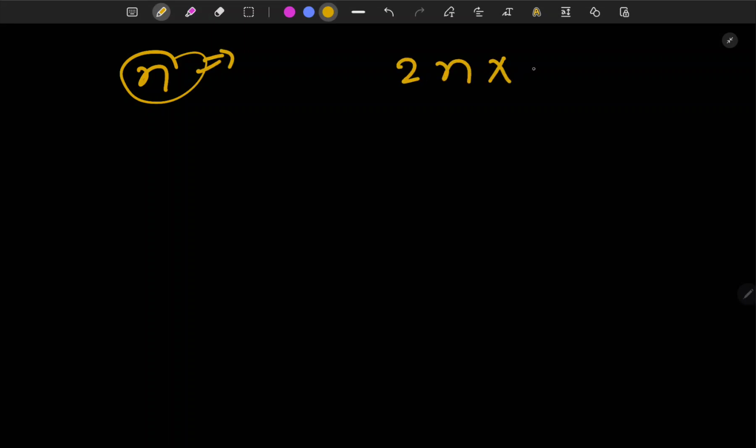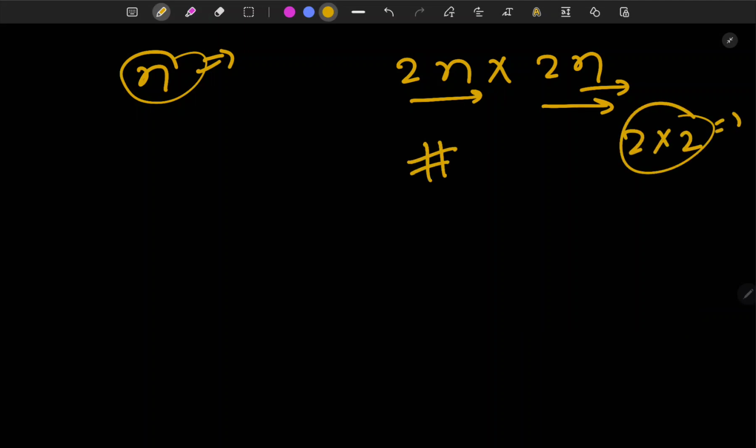In the second problem you are given some n, and we have to print a 2n cross 2n matrix. You have to print it in such a way that you take care of the 2 cross 2 matrices.